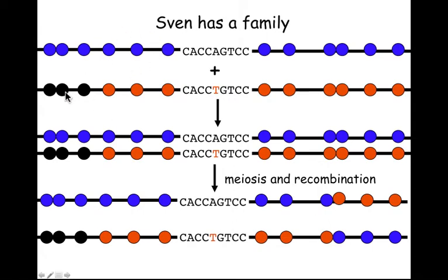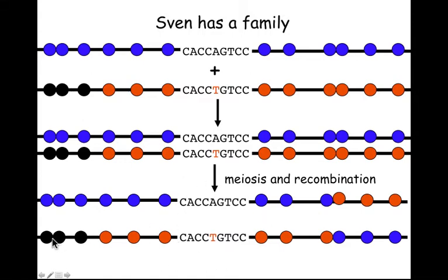Whenever one of Sven's offspring has children, this would be like Sven's original chromosome that was passed on to his offspring. This offspring then mates with another individual that's going to produce yet a different set of haplotypes, which I've done in blue. And they mate, and again there's a chance for recombination to happen, so we can shuffle these alleles some more, and these get passed on again to the next generation.